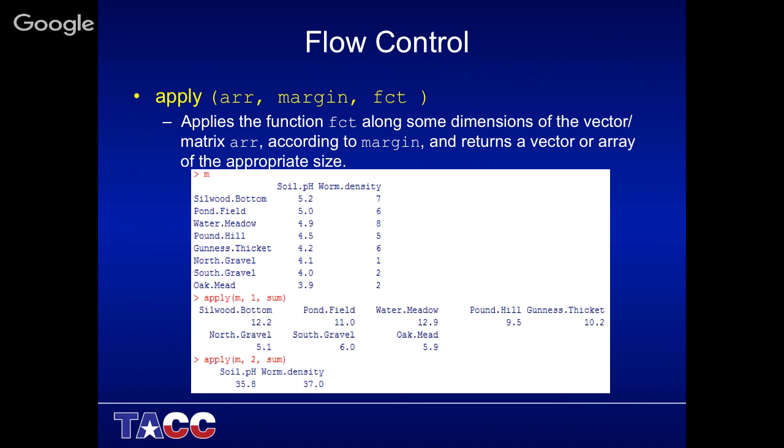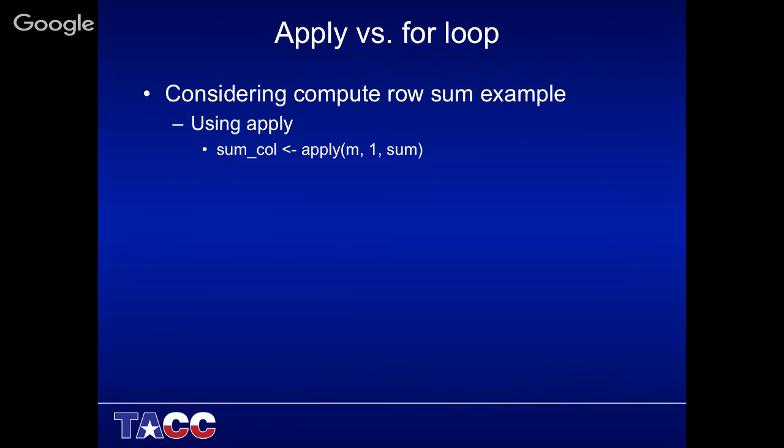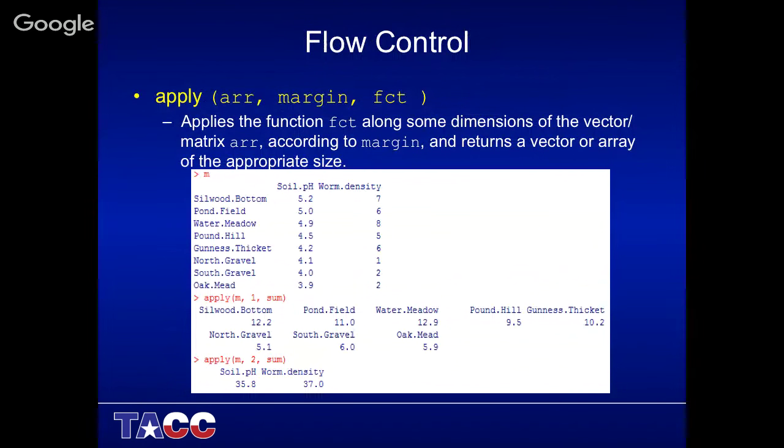You have this data frame, there are 2 columns from that data set, and we are applying to, so the first argument is the data frame, the data structure that you're working on. I think margin is referring to the dimension.